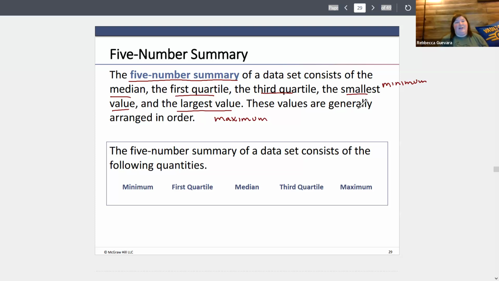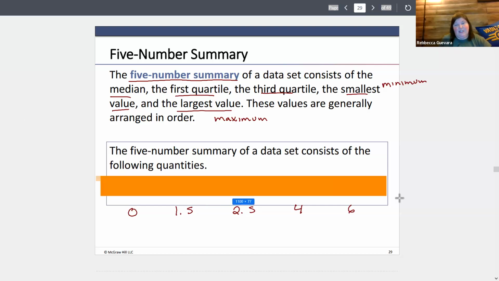Also, when we do a 5-number summary, we might not label it. As an example, that data we had on the number of classes we were taking had a minimum of 0, a first quartile of 1.5, a median of 2.5, a third quartile of 4, and a maximum of 6. Sometimes we say, here's my 5-number summary, but we don't label the data.